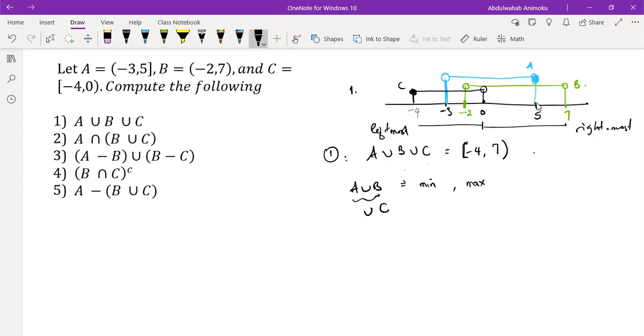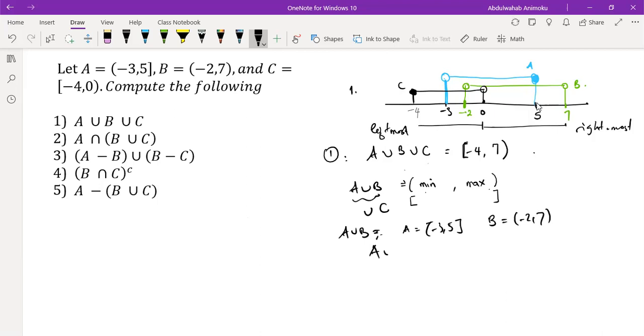Then you add the boundary, whether closed or open, depending on what we have on that minimum and what we have on the maximum. So let's use this approach. A union B: A is between -3 and 5, and B is between -2 and 7.